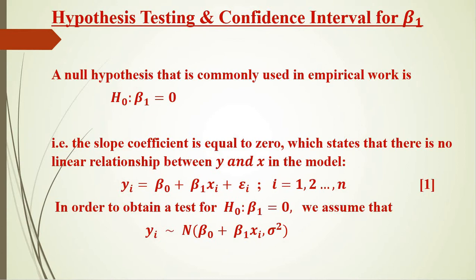Hypothesis testing is an essential procedure in statistics. A hypothesis test evaluates two mutually exclusive statements about a population to determine which statement is best supported by sample data. In order to test H0, that is a null hypothesis, we must calculate a test statistic, which is a random variable that has a known distribution when that null hypothesis is true, and some other distribution when the null hypothesis is false.